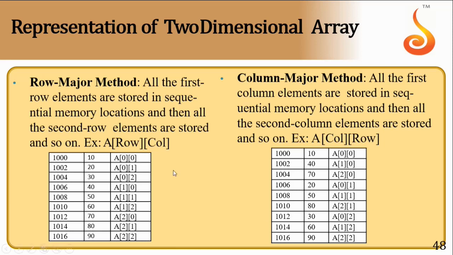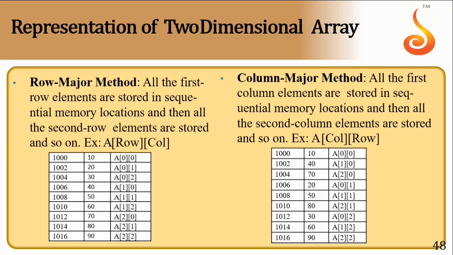For example, you take 10, 20, 30, 40, 50, 60, 70, 80, 90. So 10 is in 0th row, 0th column, so it is stored first, and then you have 20 which is 0th row and first column. Then you have 30 which is in 0th row and second column. So you see here, the first row is completed.